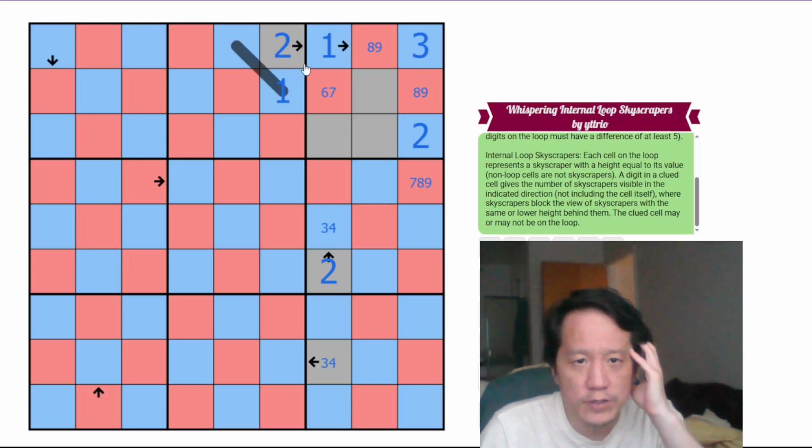So this one we know, oops, edge. Let's make it red. So this is part of the loop right now. This is part of the loop.